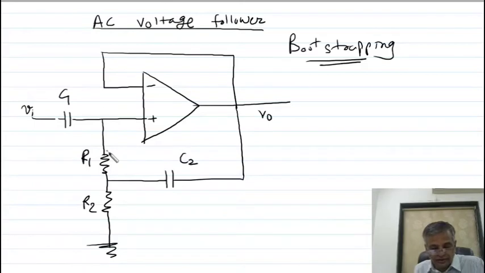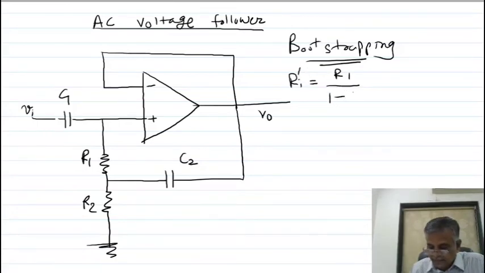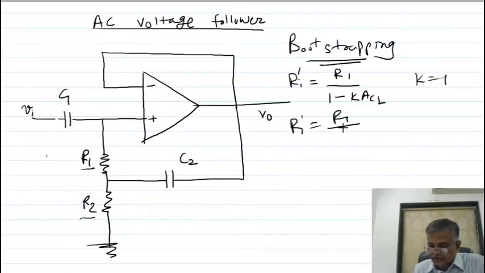So it offers a very high input resistance. And already you know that according to the Miller effect, the input resistance for such a circuit is given by this equation. Generally this is the same value, 100k. If we keep k equal to 1, then the input resistance of such a circuit is given by this equation.